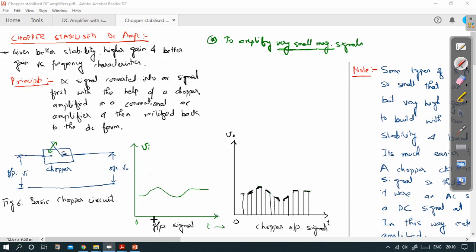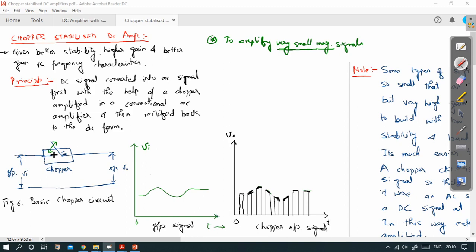If this is the input signal Vi, and this is the output signal V0, when the switch is closed, the signal will pass, and for that small duration of time you will get the signal.